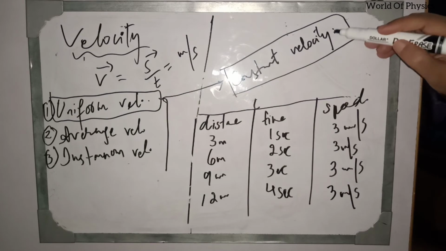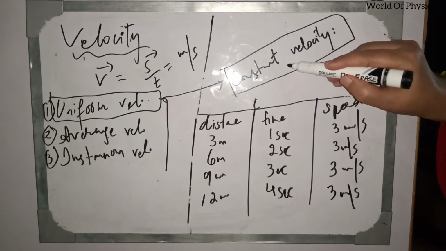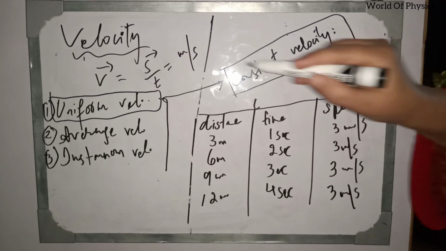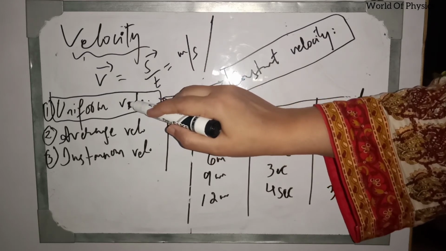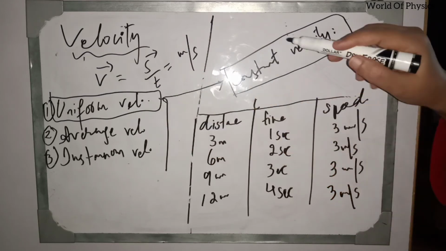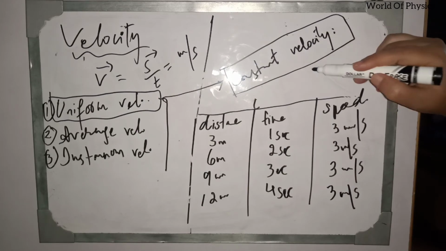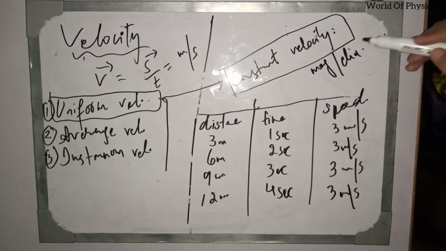But for a body to move with constant velocity, magnitude as well as direction should be same.